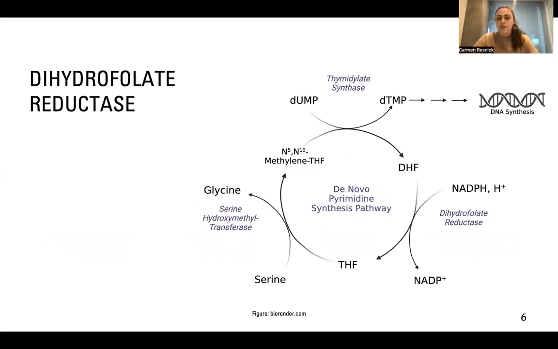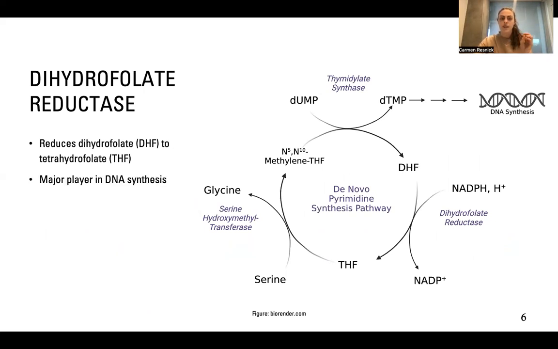Now, I'm studying specifically this enzyme dihydrofolate reductase, or DHFR. As the name implies, DHFR reduces dihydrofolate to tetrahydrofolate. When this happens, THF is then a primary player in the DNA synthesis pathway, making this necessary for some cells that are rapidly dividing, like bacterial cells and cancer cells.